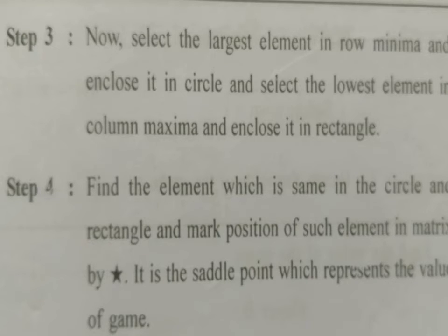The next step is to find the element which is the same in the circle and the rectangle and mark the position of such an element in the matrix by a star. If these two elements are equal, you mark a star in the matrix at that element. It is a saddle point which represents the value of the game.